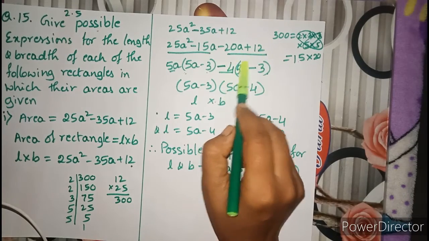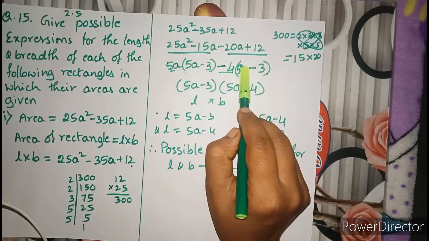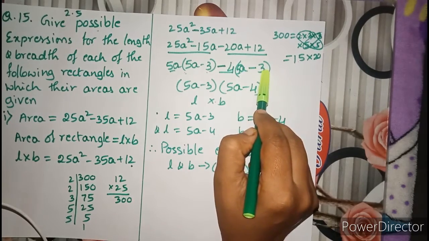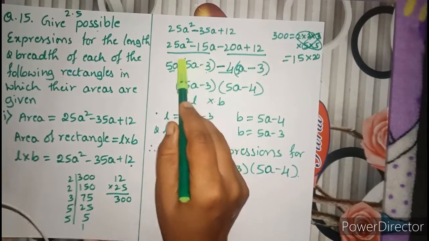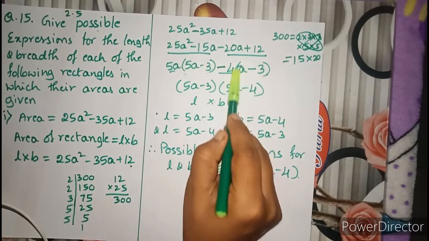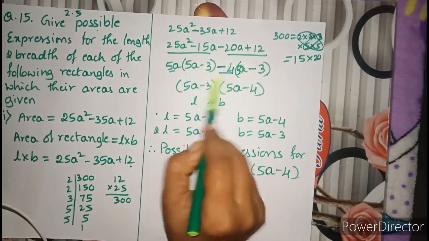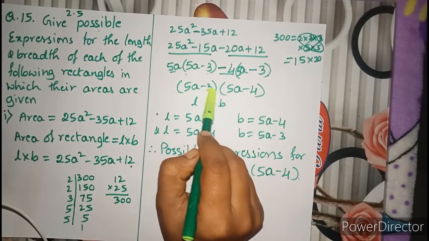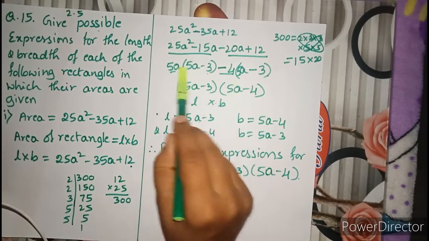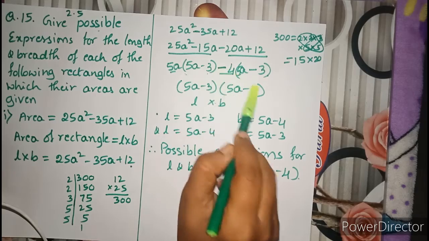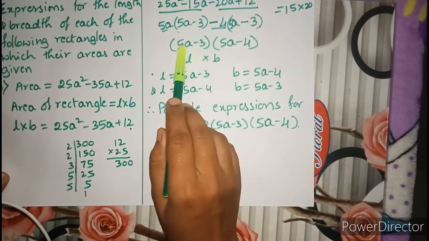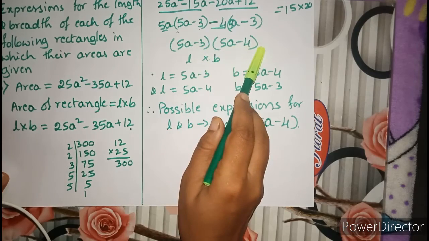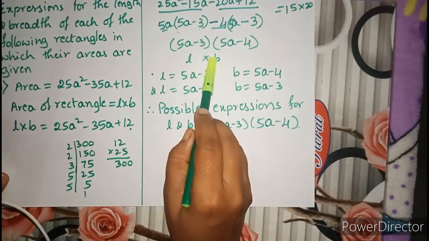Take it out, the remaining terms are 5a minus 3. Considering the whole equation, again we have 5a minus 3 as common. Take it out, and the remaining terms are 5a minus 4. So we have two factors here, 5a minus 3 into 5a minus 4, L into B.